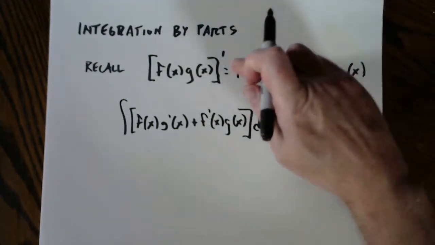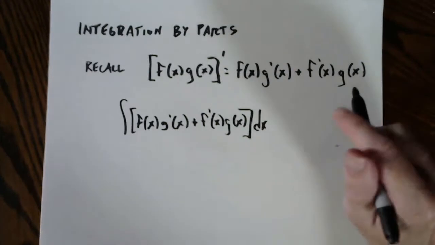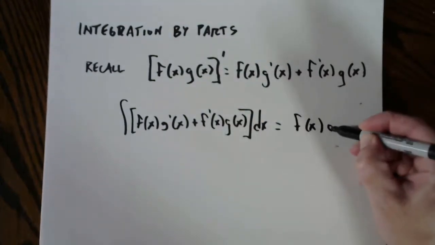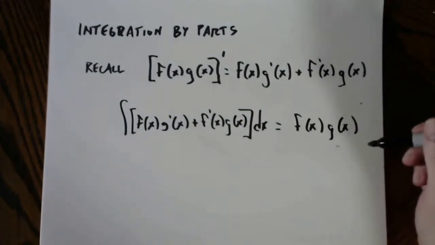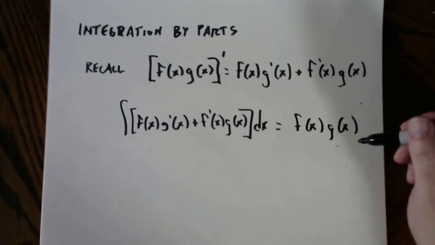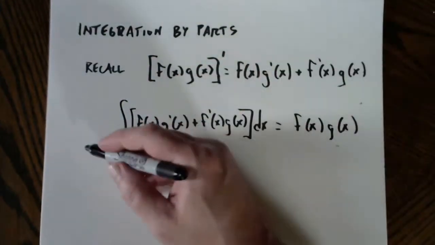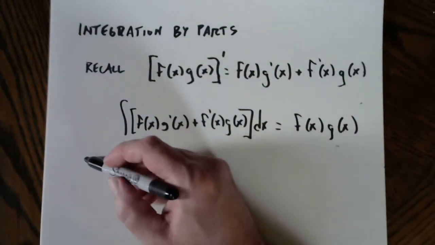That's the antiderivative of the right. And if I take the antiderivative of the left, I'm just back to F and G. It's kind of boring over here. Okay, so what can I do? Well, this is an integral of a sum, so I'm going to choose to split it.